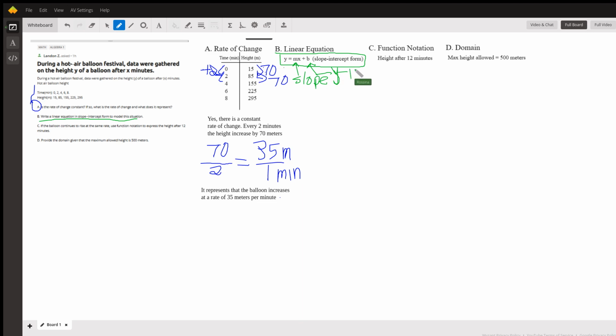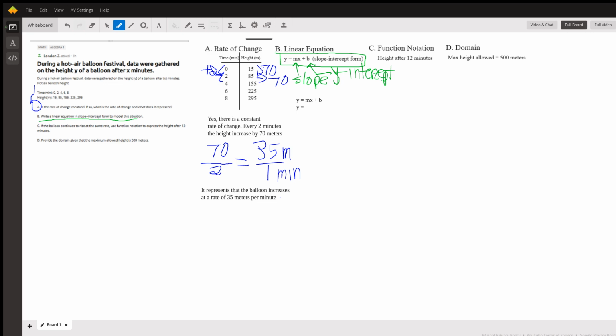One of the ways to find this is just start plugging in what you know. If we have y equals mx plus b, well, I have my rate of change. Remember I mentioned earlier, rate of change is slope.